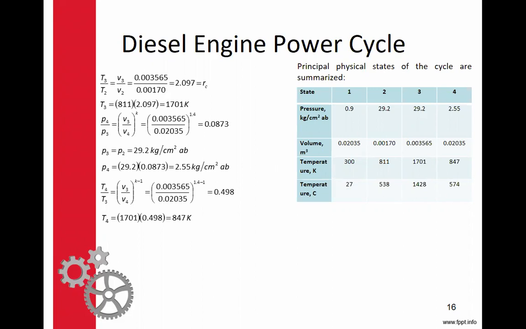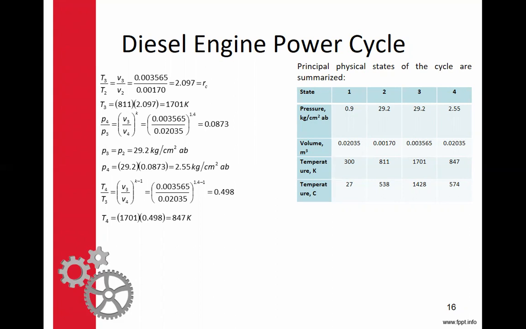And for the pressure, P sub 4 over P sub 3 is equal to (V sub 3 over V sub 4) exponent K, which is equal to (0.003565 over 0.02035) exponent 1.4. So this equals 0.0873. But P sub 3 is equal to P sub 2, or 39.2 kilogram per centimeter squared absolute. Therefore, P sub 4 is equal to 39.2 times 0.0873, which equals 3.42 kilogram per centimeter squared absolute.